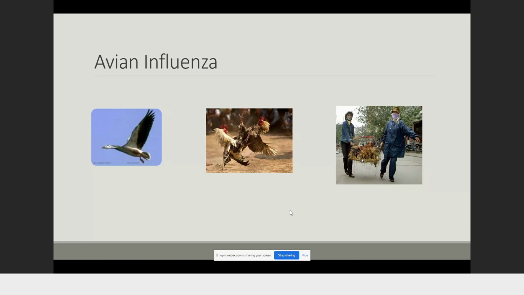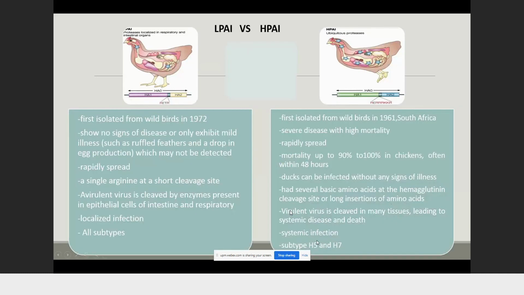Most of the time, the one we are afraid of is highly pathogenic avian influenza, and studies have shown that these occasions are the origins or source of the occurrence of highly pathogenic avian influenza.